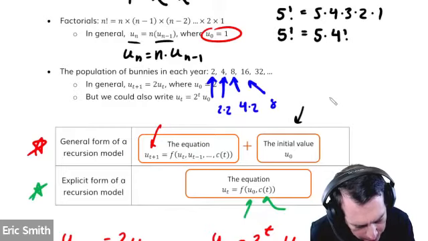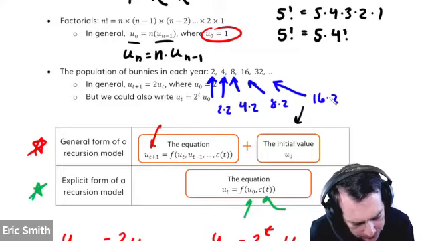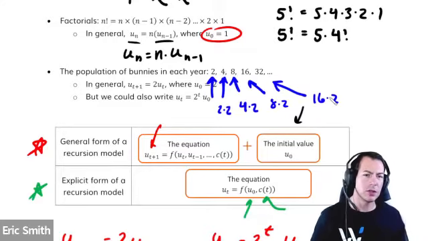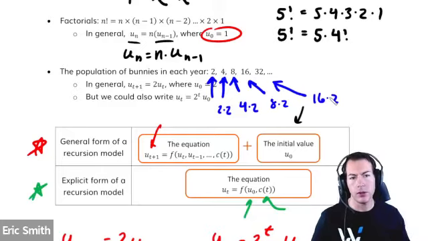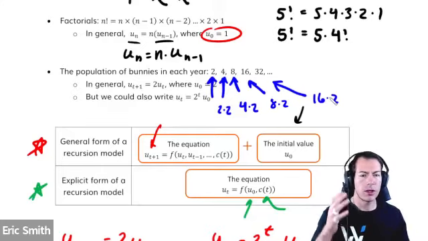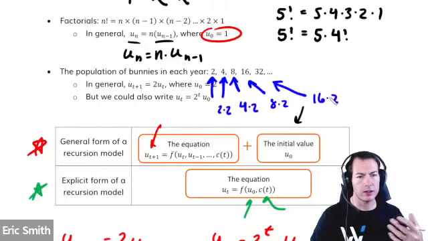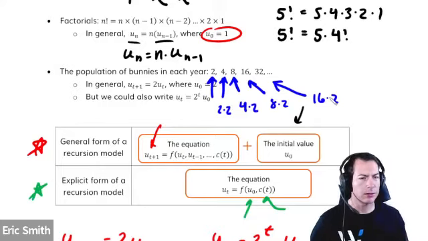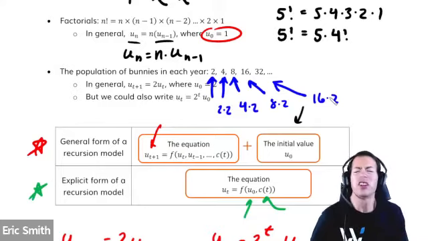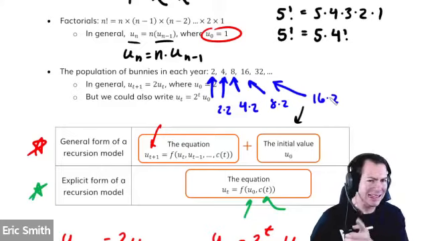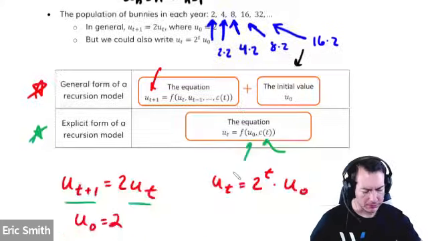And then eventually we'll have 8 times 2. So it's really just looking at the same numbers, but saying, what did I have to multiply my original amount by, the 2, in order to get to this brand new number? And so you're multiplying by 2, you're multiplying by 4, then 8, and then 16. Essentially what's happening there is you're getting some sort of power of 2. That's one way to do it, but it's not the only way to do it.